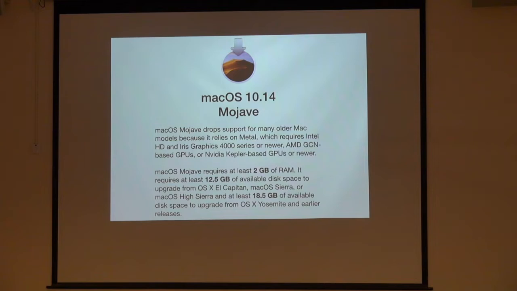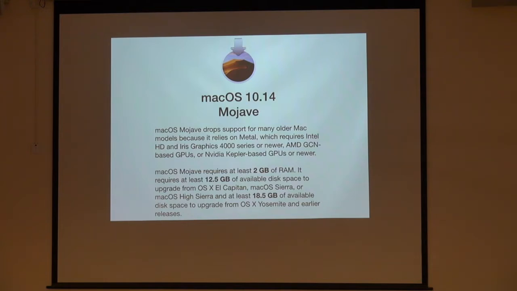Mojave requires at least 2 gigabytes of memory, which has been the standard memory requirement, although most everybody with any of these machines is going to have either 4, 8, or 16 as a base starting point for memory. This is one of the bigger installers that we've seen in a couple of years. If you're coming from High Sierra, El Capitan, or Sierra, it needs 12.5 gigabytes.